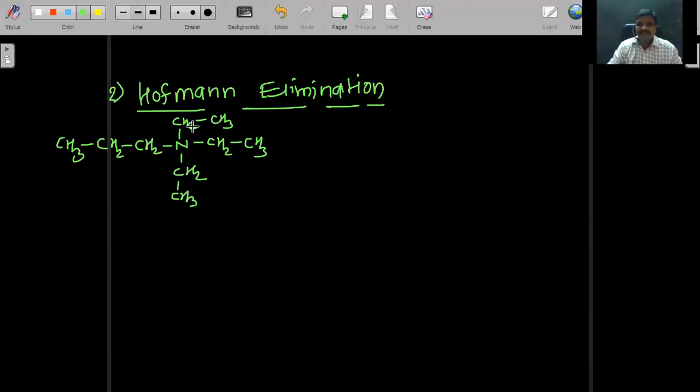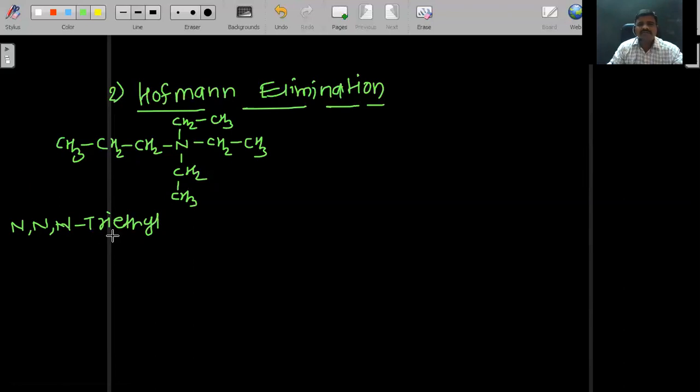Consider these three ethyl groups as substituents, and these three carbons as the parent alkane. So the name is N,N,N-triethyl.